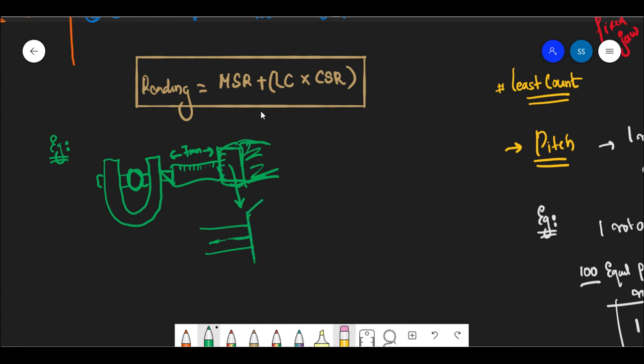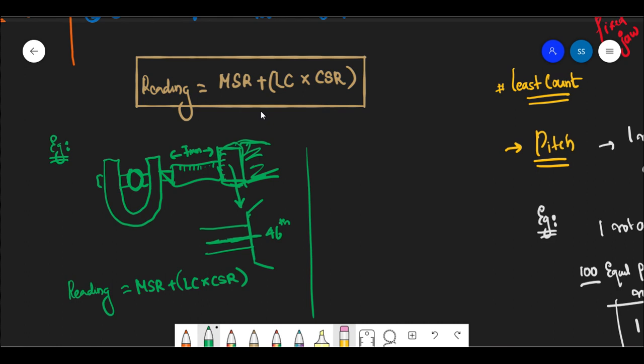Let's say the 46th division somehow merged with this main scale reading over here. If they ask you to find the diameter, the total reading, you can find it by the formula MSR plus LC times CSR, right?